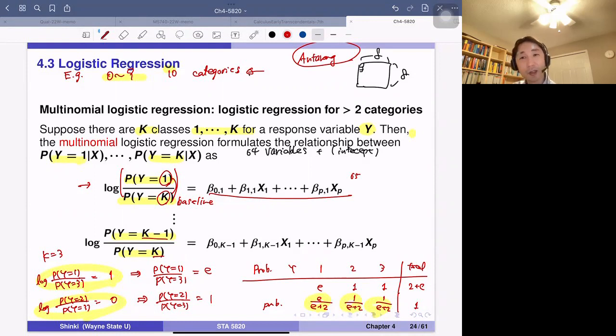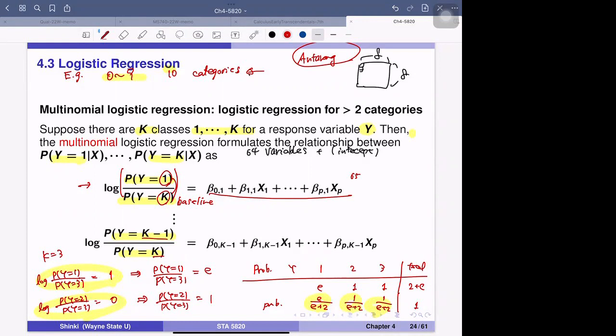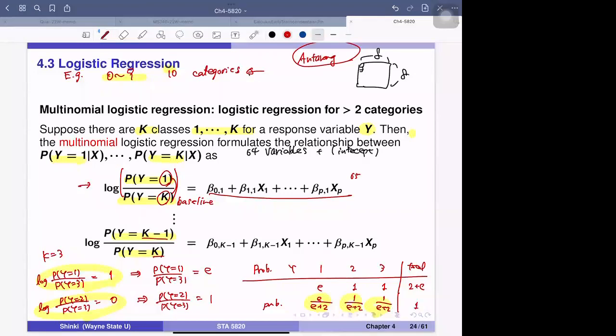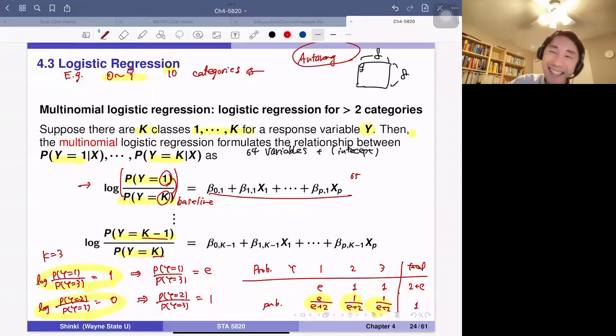That's just usual logistic regression. So 641. No. 640. Okay, so no.